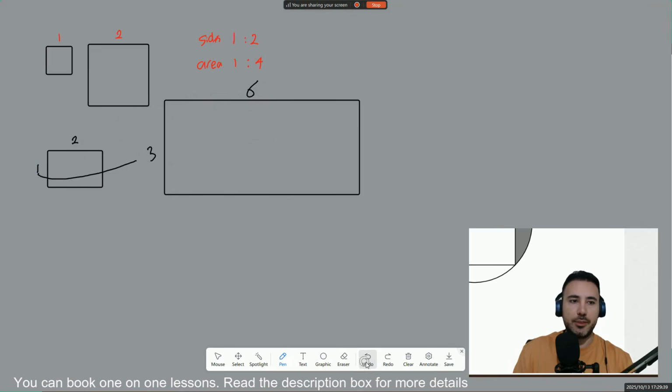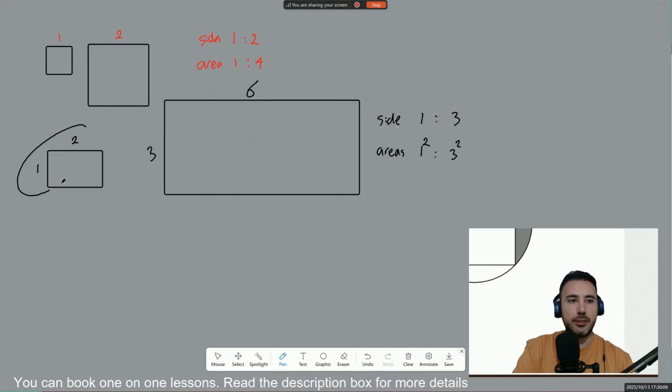So if the ratio of the sides is 1 to 3, what is the ratio of the areas? Sides, areas. The ratio of the areas will be 1 squared to 3 squared. Whatever we have here, we just square it, and then we get the ratio of the areas. That's how it works, right? So let's go and just do it.